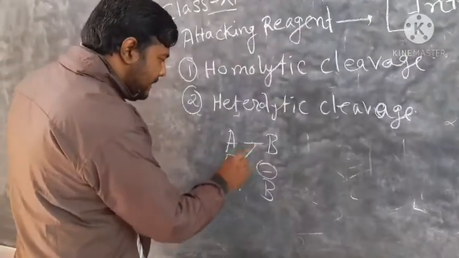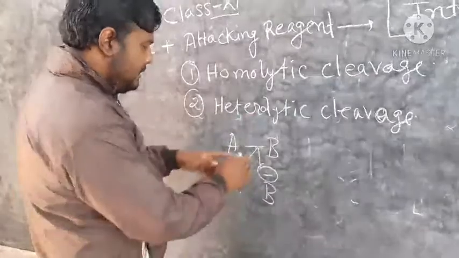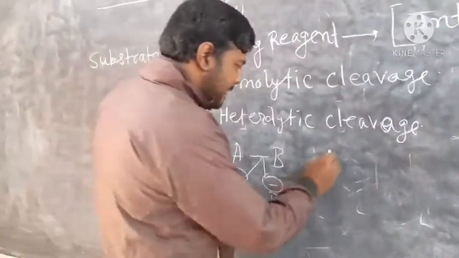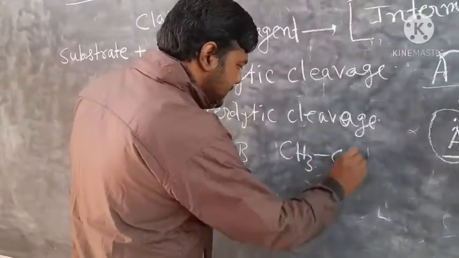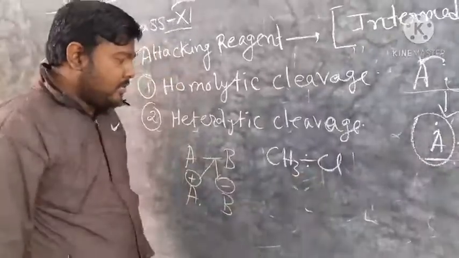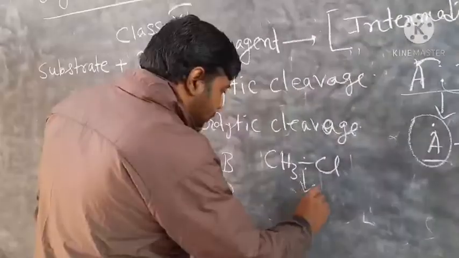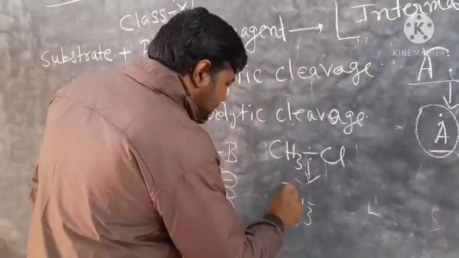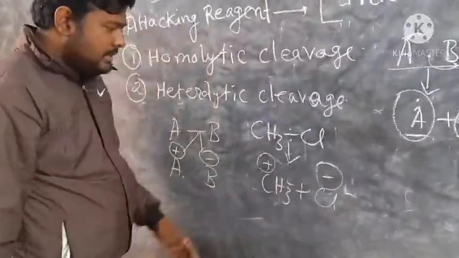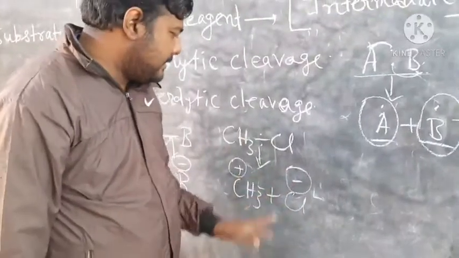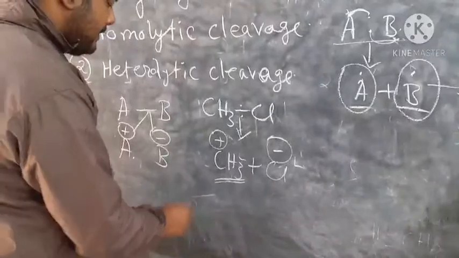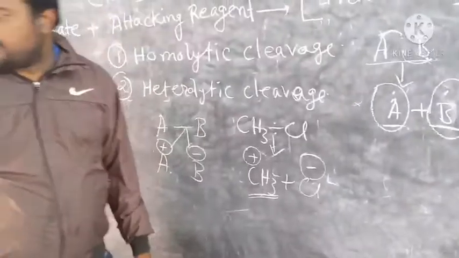So there is a probability in heterolytic cleavage that a carbocation as well as a carbanion may be formed. Suppose I consider CH3Cl. This bond is formed by two electrons. While it breaks down, it forms CH3+ and Cl-. Both these electrons will be gained by the chlorine. So here it forms the carbocation, and it also forms the carbanion.